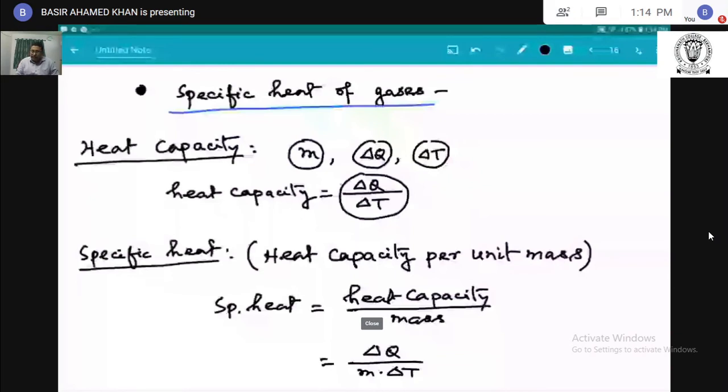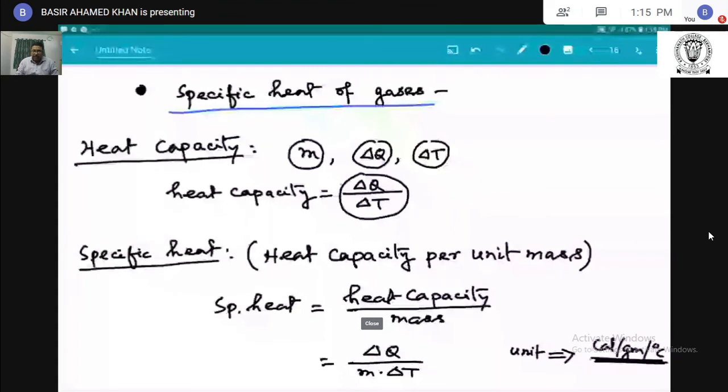Its unit: the unit of specific heat is calorie per gram per degree centigrade, or joule per kg per degree centigrade.